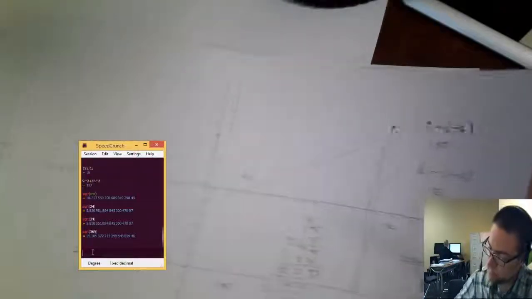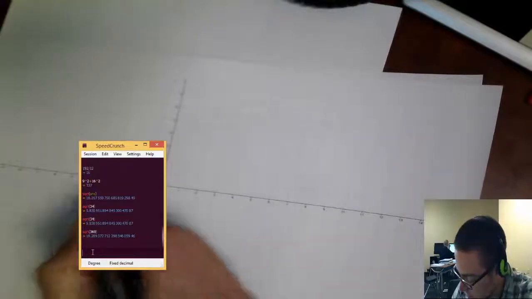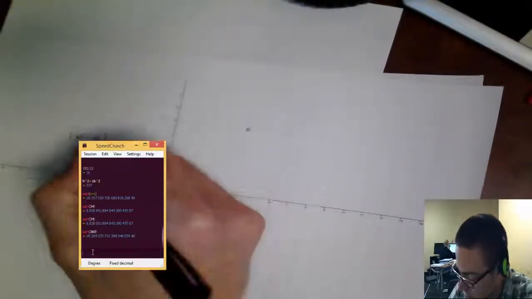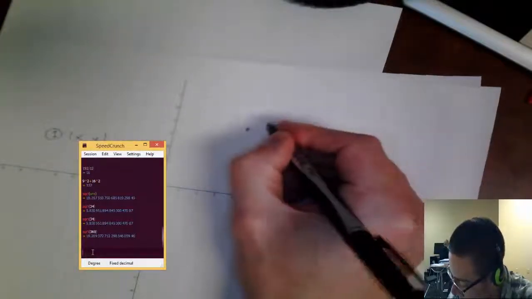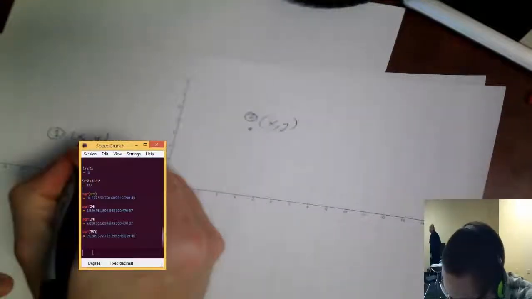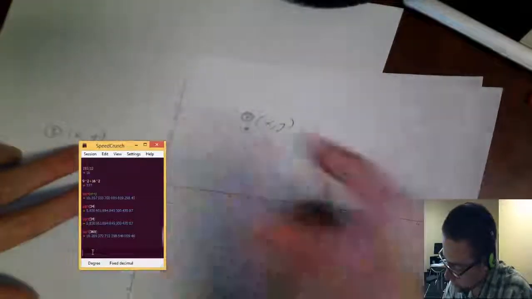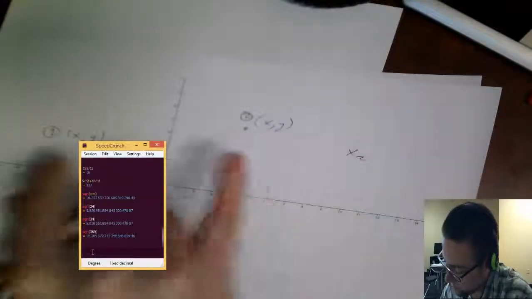Now, in general, that's what mathematicians like to do, is say things in general. So if I have any point here and any point here, I'll just call this x, y, right? And let's just call this point 1. And we'll call this one x, y, and call it point 2. How far apart are they? So what I could do is I could take whatever my x value is at point 2, that distance, it's the difference between, right?